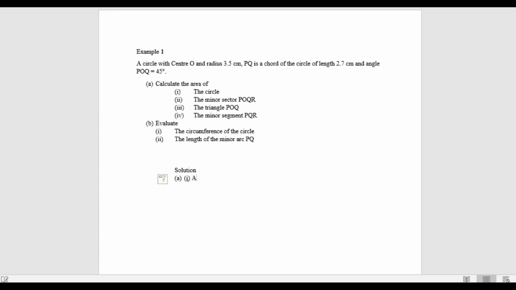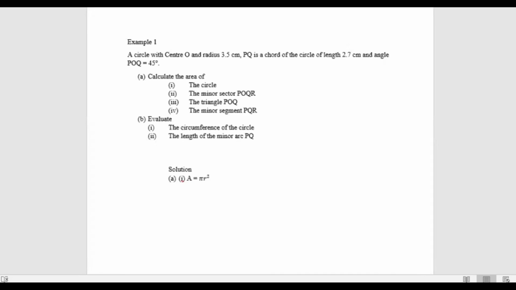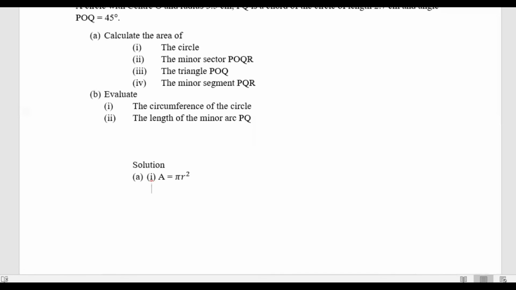Area, you always put your formula: equal to pi r squared. They didn't tell you what to use for pi, so you can use 22 upon 7 or 3.14. In this case, I'll advise you to use 3.14 because the radius is already in decimal. So it will be better for you to use that.